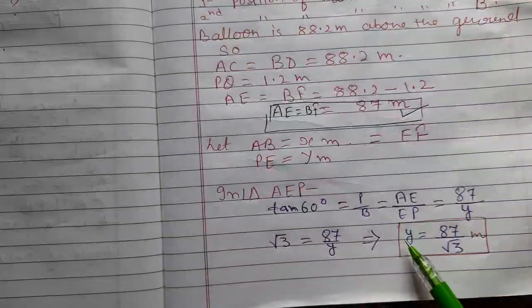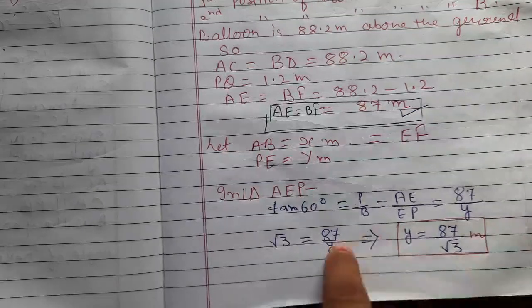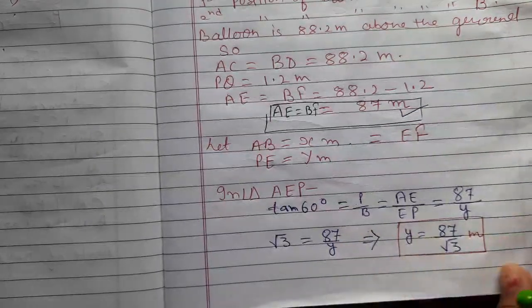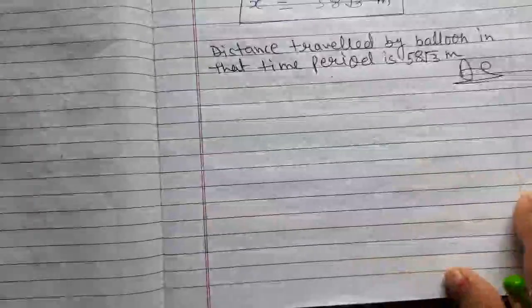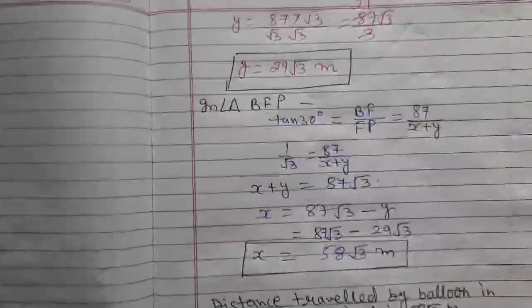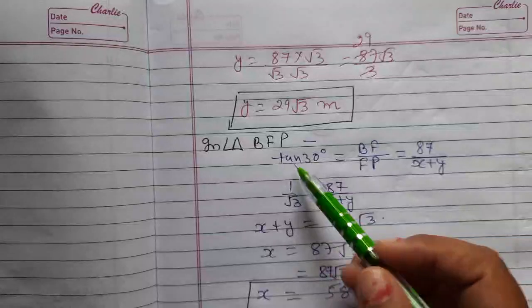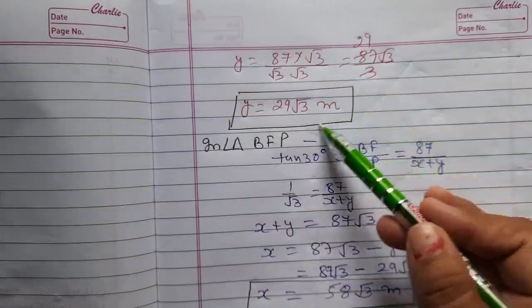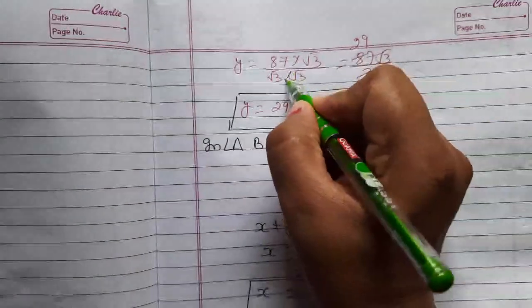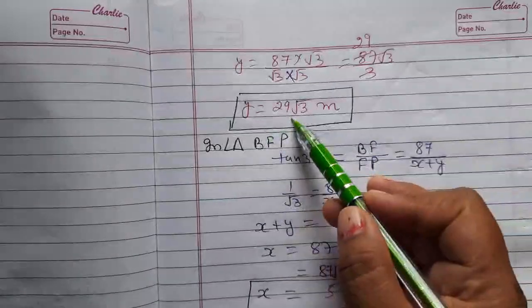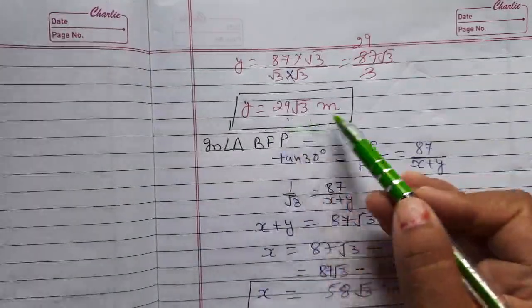After cross multiplication, we are getting this. Rationalizing, y will be equal to 29 root 3 meter.